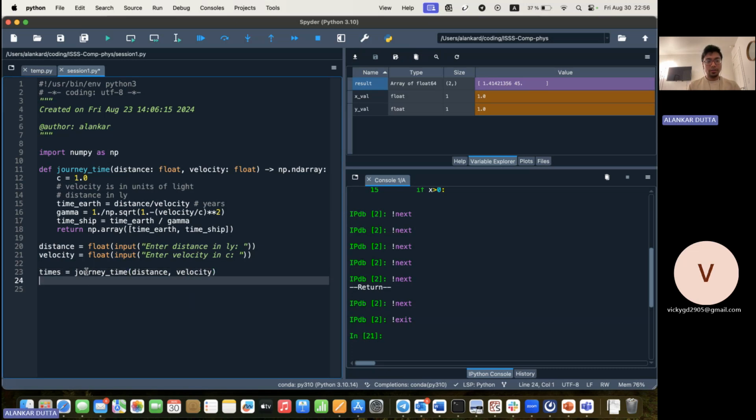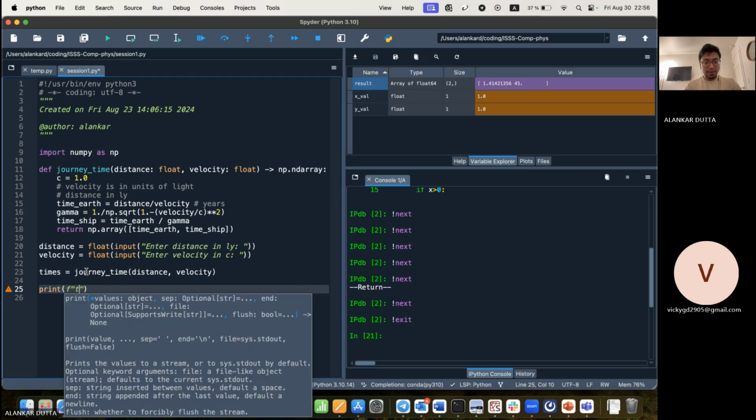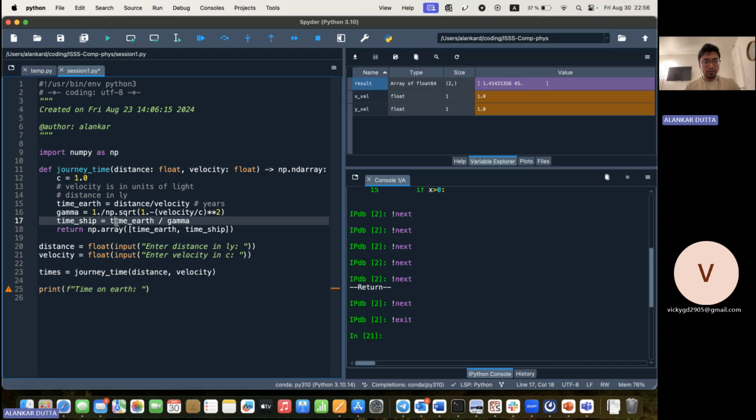Once we have got this, we are going to test it with the observer, the person on board the ship. We give a couple of print statements. Time on Earth is times, with format 0.2f, years.